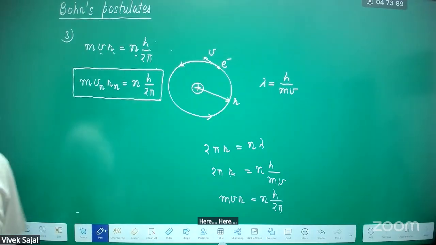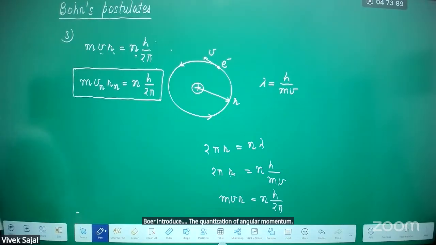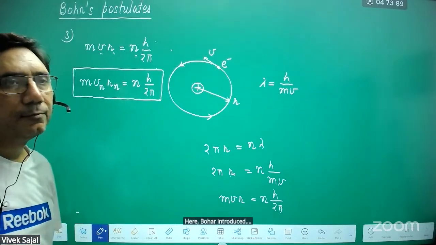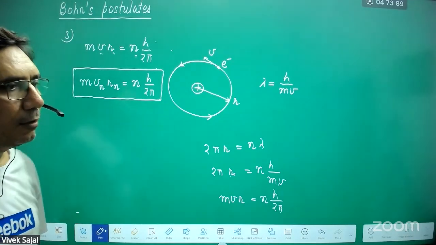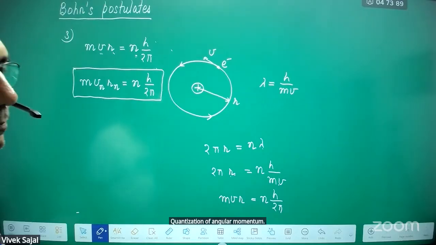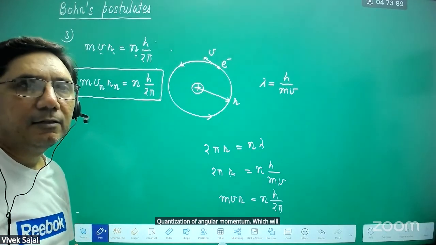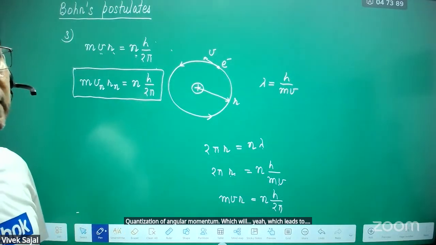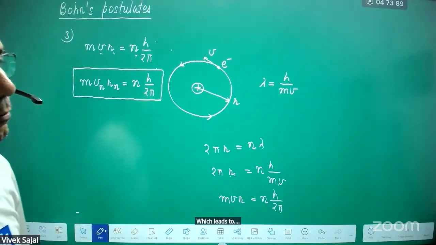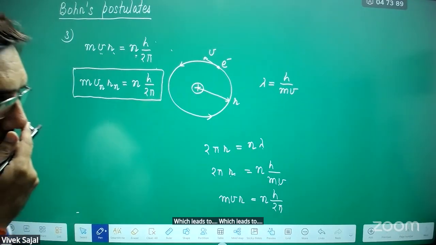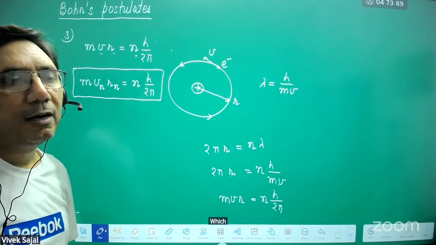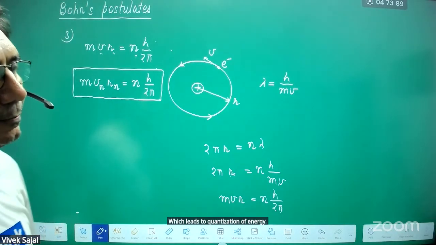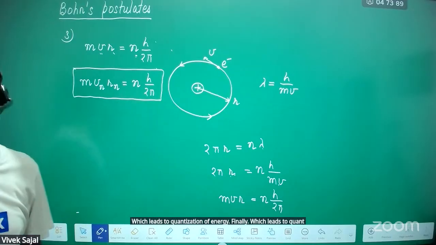Here, Bohr introduced the quantization of angular momentum, which leads to quantization of energy finally.